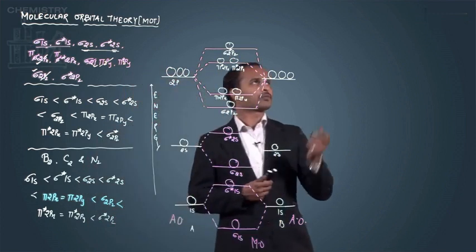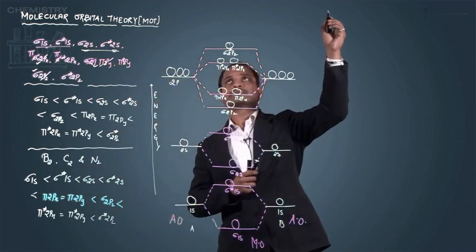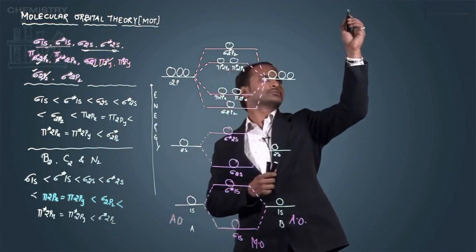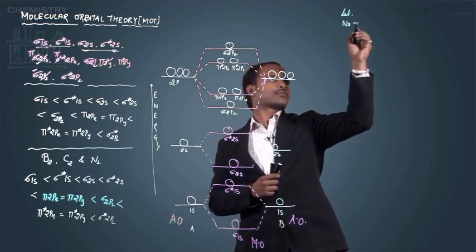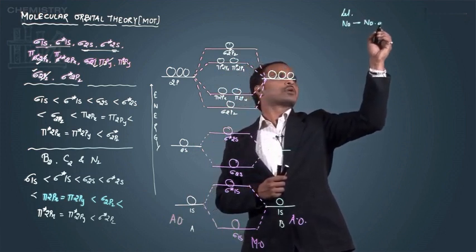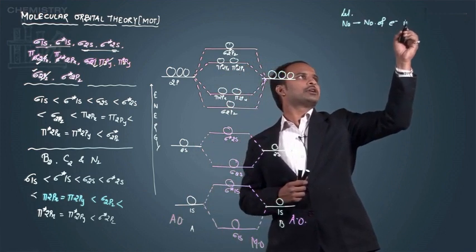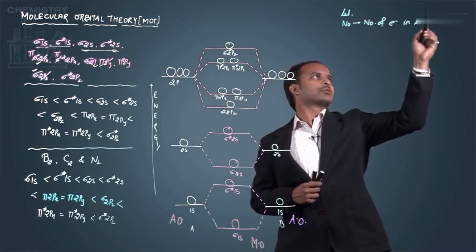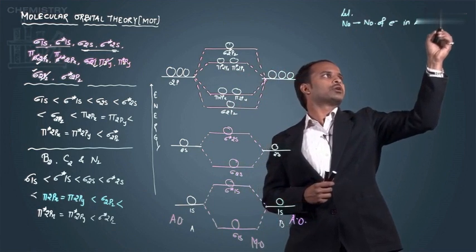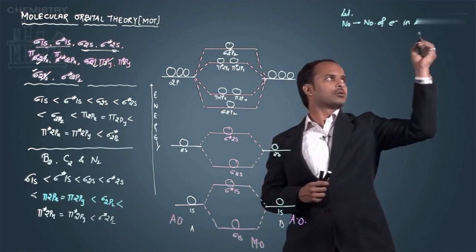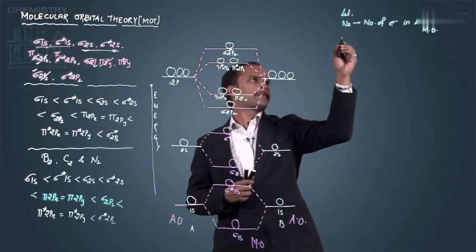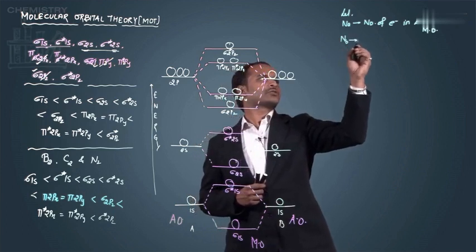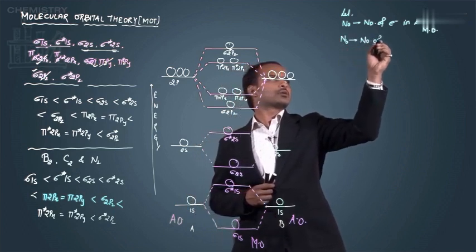Now, Na is the number of electrons in the anti-bonding molecular orbital, MO, and Nb is the number of electrons in the bonding molecular orbital.